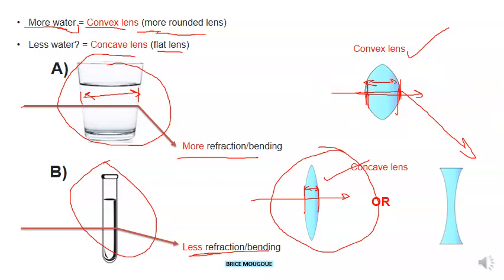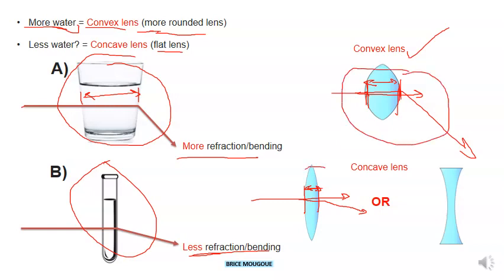We should also be comfortable enough to realize by now that a concave lens, because it presents less water in the path of light, will also cause less bending of light. So that's what will happen with the lenses. It means that I have two cases here: more bending, less bending.